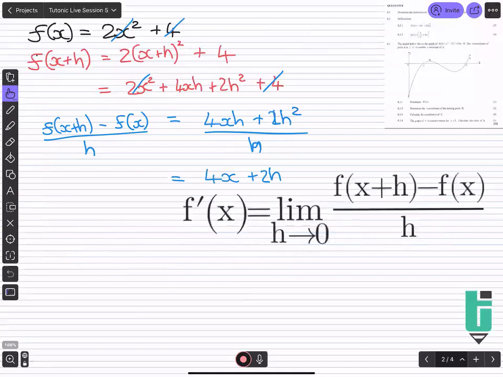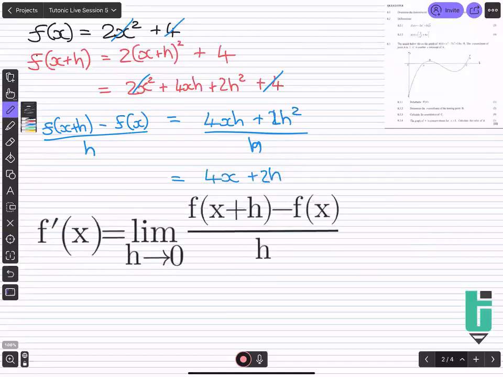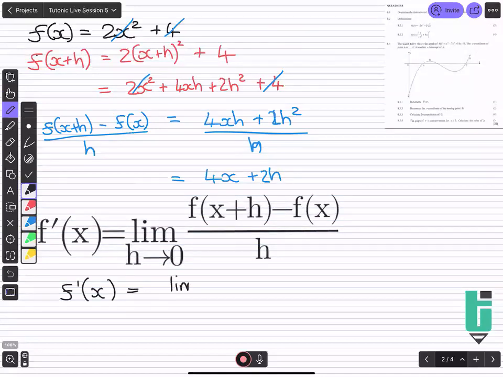Yes. Okay. So now I'll say the derivative is equal to the limit of 4x plus 2h, as h goes to 0. And what is that equal to? 4x.